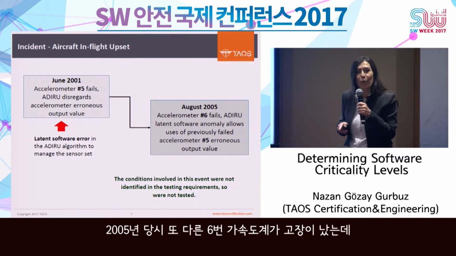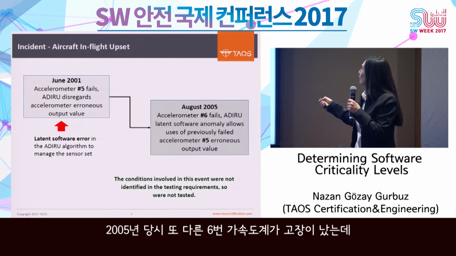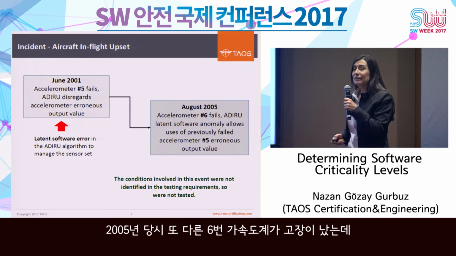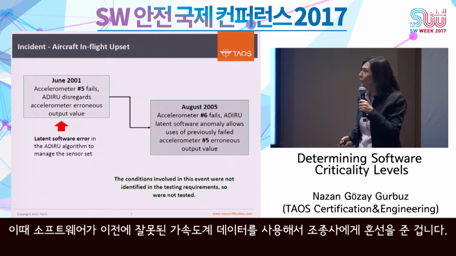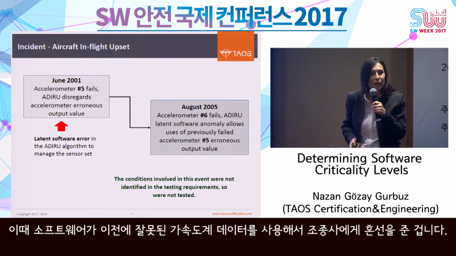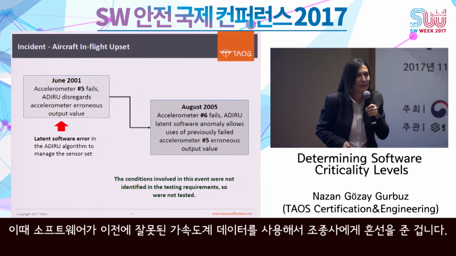At the time of the incident in 2005, another accelerometer, number 6, failed. In this case, software used the previously failed accelerometer data, which was erroneous, and misled the pilot.